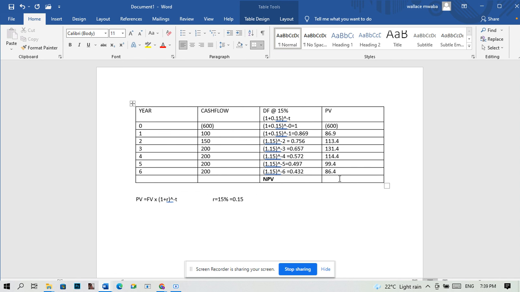Negative 600 plus 86.9 plus 113.4 plus 131.4 plus 114.4 plus 99.4 plus 86.4, and we get 1,231.9.